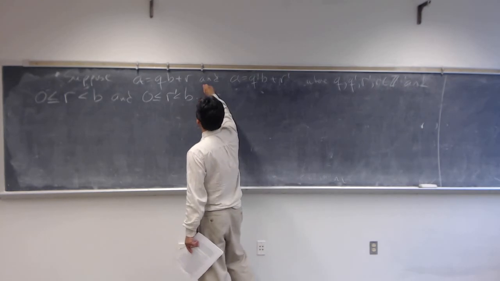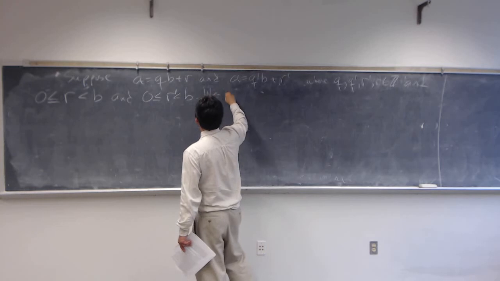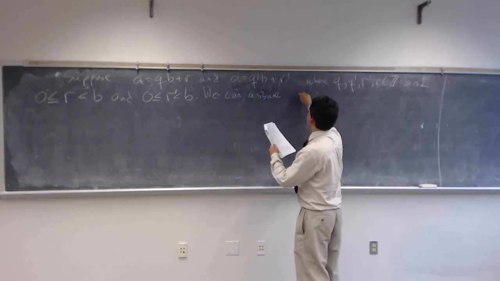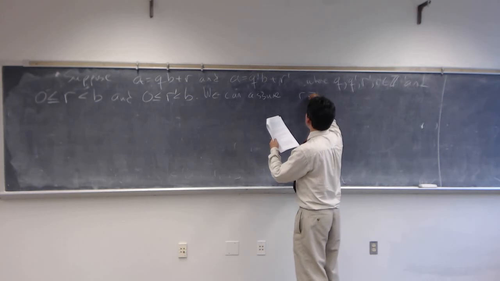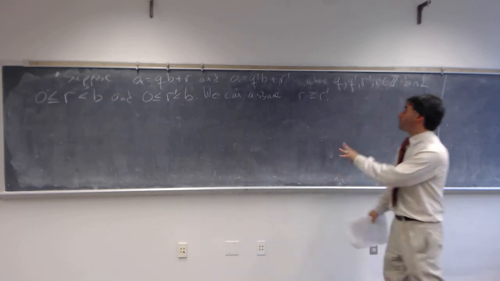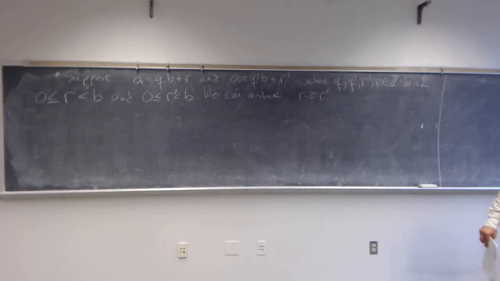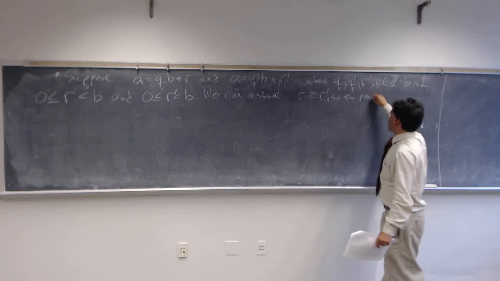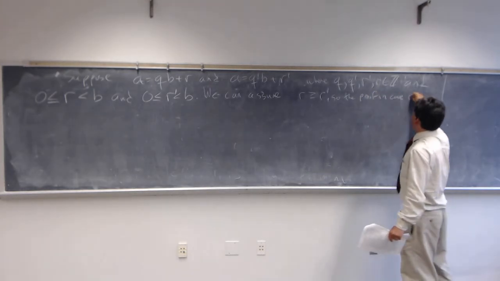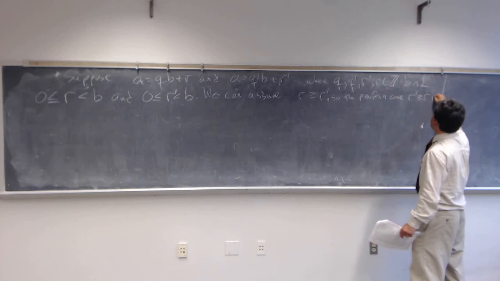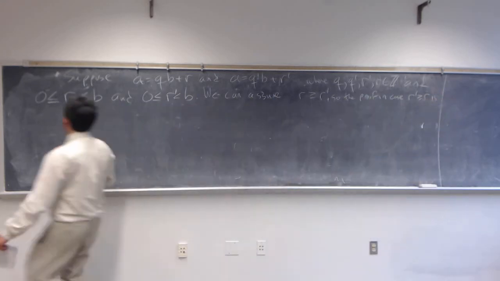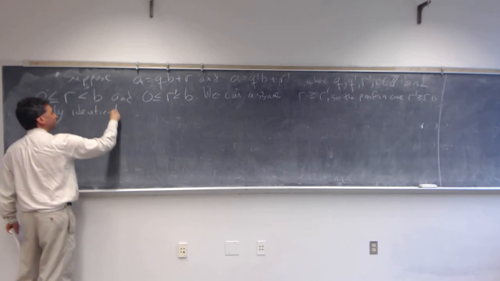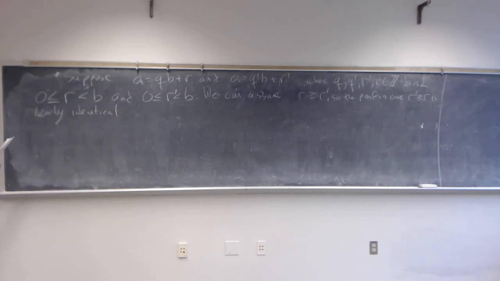And so we can assume that R is greater than or equal to R prime. And actually in the notes I just showed the other case. The proof is similar. You essentially have an identical proof, just switching the prime and the non-prime one.